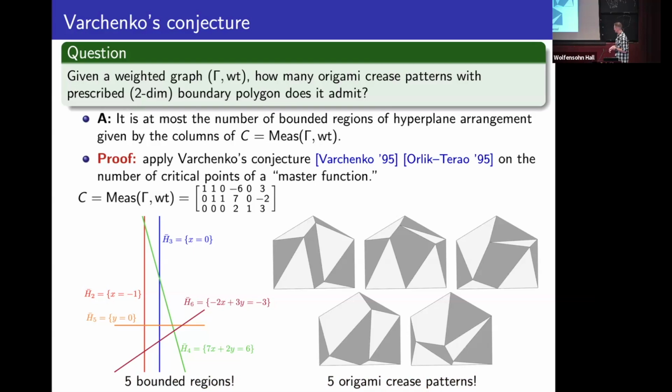It's a product of these linear functions raised to some generic powers. And Varchenko showed that each bounded region has a unique critical point in some kind of favorable circumstances. And then Orlik and Terao proved his conjecture more generally for any hyperplane arrangement using cohomology of complements of hyperplane arrangements.